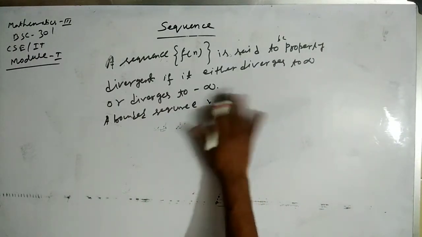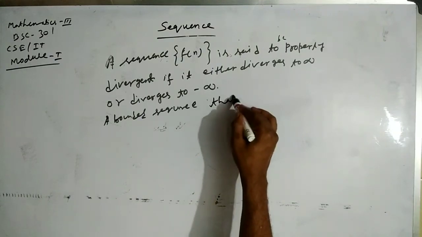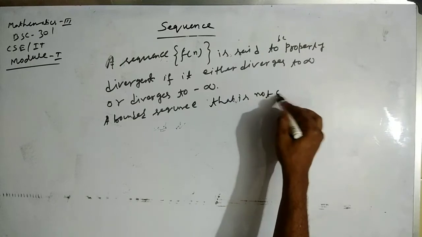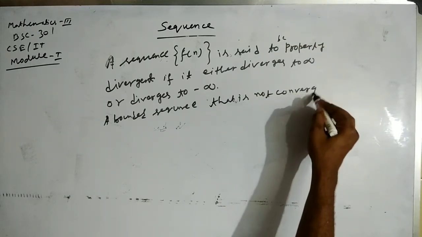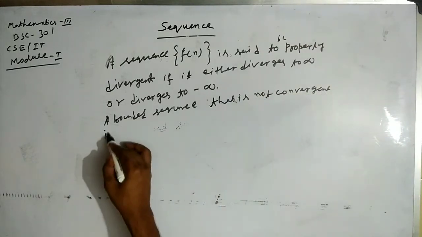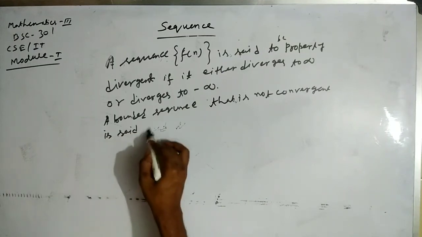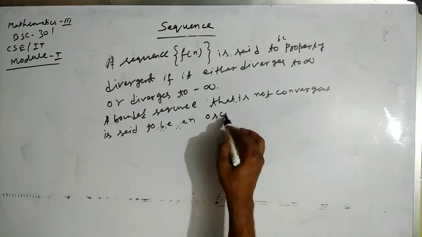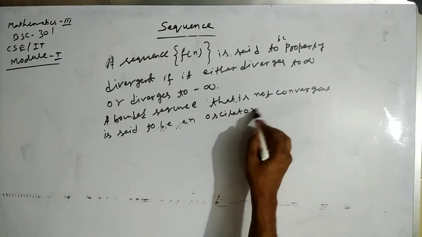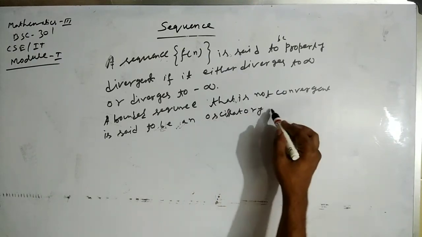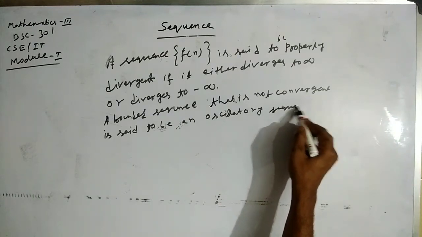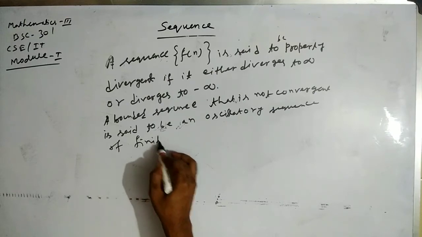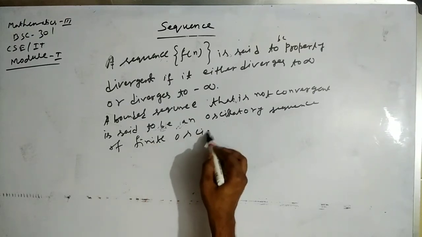A bounded sequence that is not convergent is said to be an oscillatory sequence of finite oscillation.